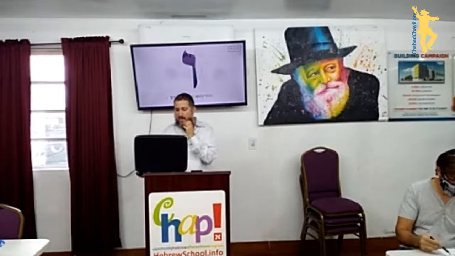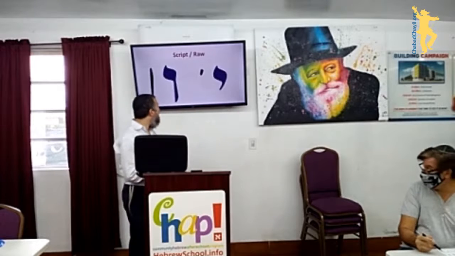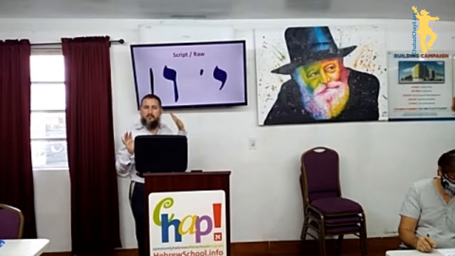Now, if you look at your charts, you can take a quick look and tell me which is the smallest of the letters. Answer is the Yud. Actually, a Yud in script is just a little dot like that. Just a little line. That's a Yud.